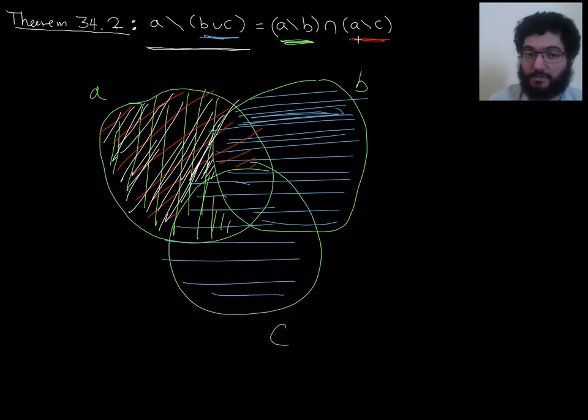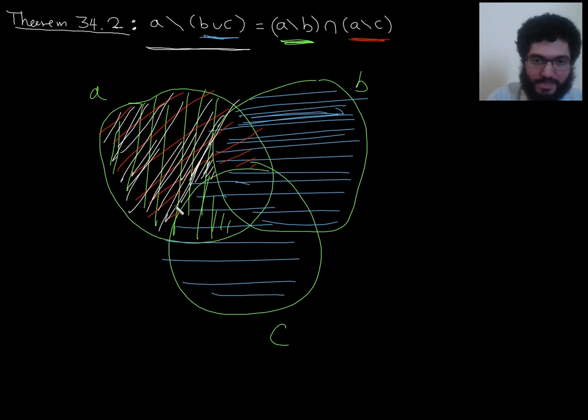Is that equal to the right-hand side? Is that equal to what I would get if I intersected the green and the red? It looks like it, right? Let me use the pointer here. The green is this part. Let me outline it. This is the green, is this part.